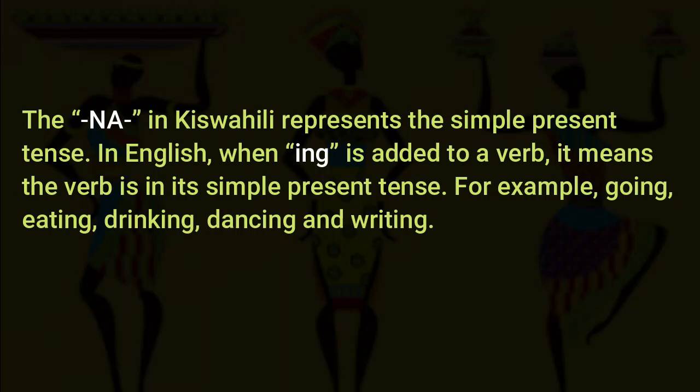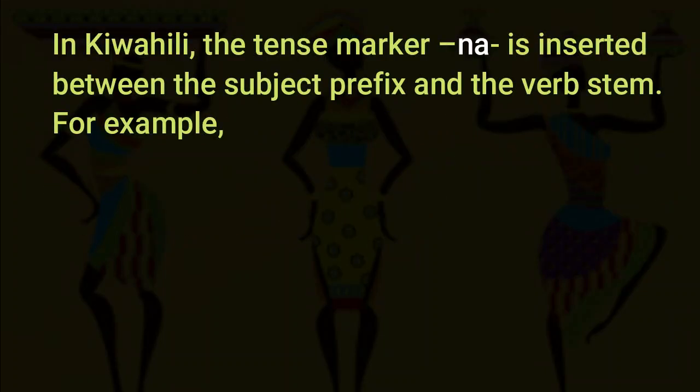For example, going, eating, drinking, dancing, and writing. But in Kiswahili, the tense marker na is inserted between the subject prefix and the verb stem.